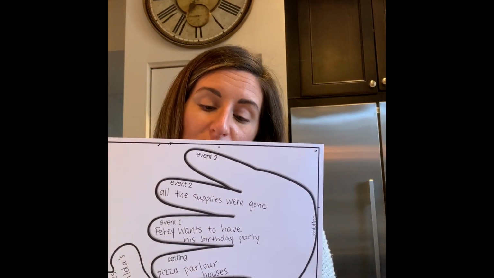So for event number 3, I want you to just think of the next thing that could happen in your story, but it won't be how the problem got solved yet. So for me, I'm going to write event number 3 was that Mortimer tried to make pizza.